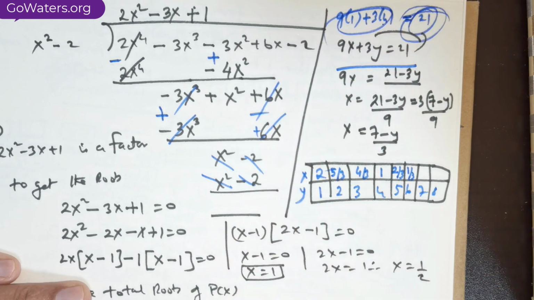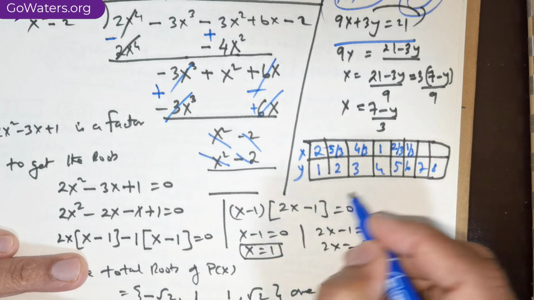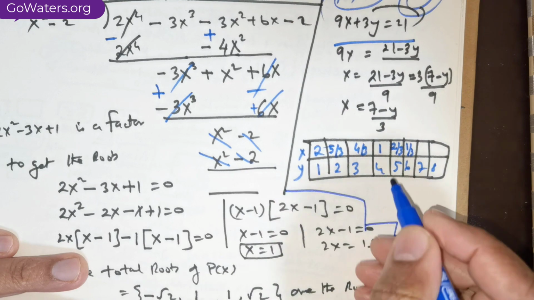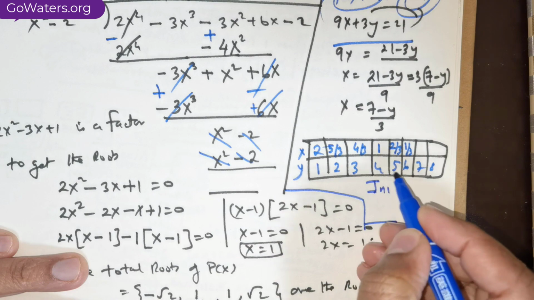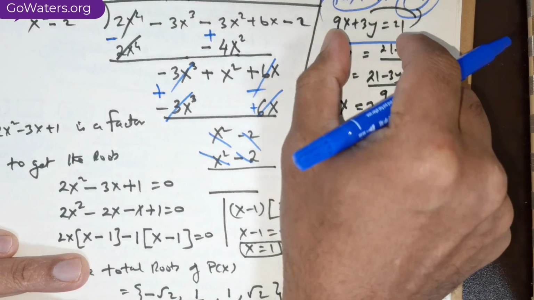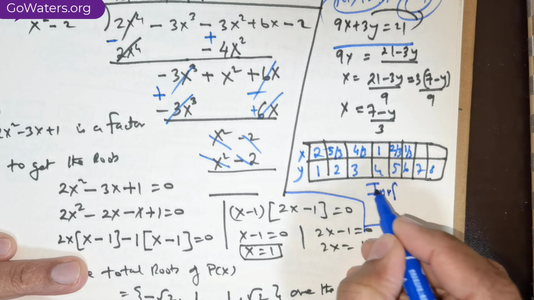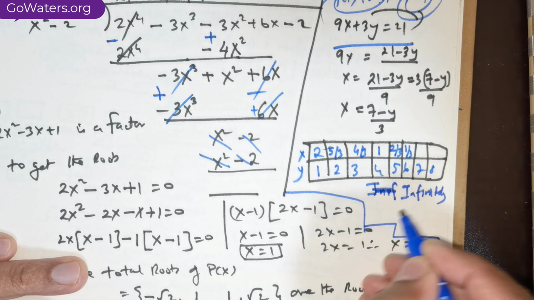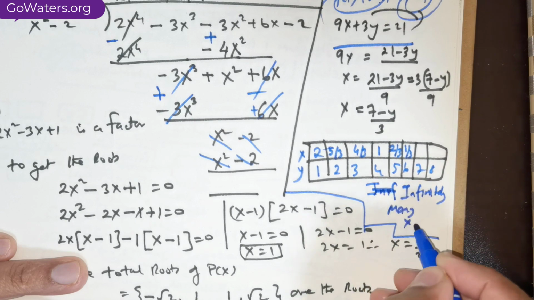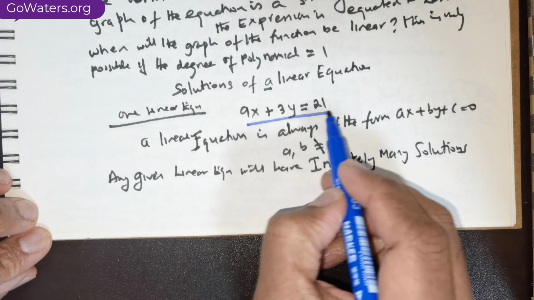So like that, you can simply go on extracting points, and there is no stopping to that act at all. So that's the reason we say that a linear system, an equation of this form, will have infinitely many x, y. So the solutions are infinite in nature. So this is for one linear equation.